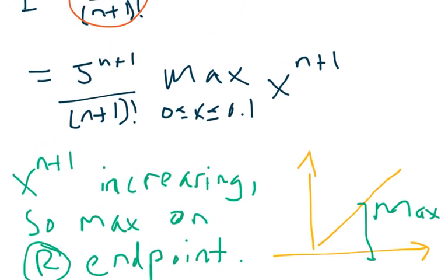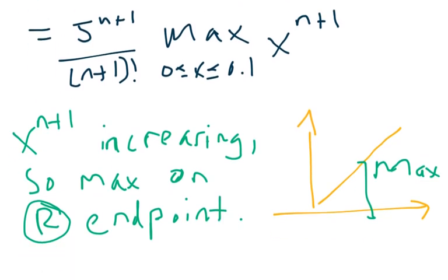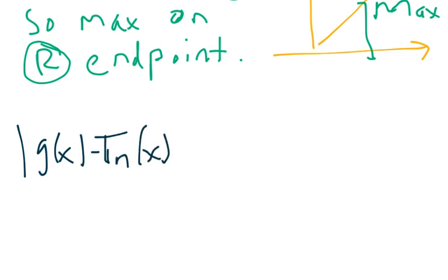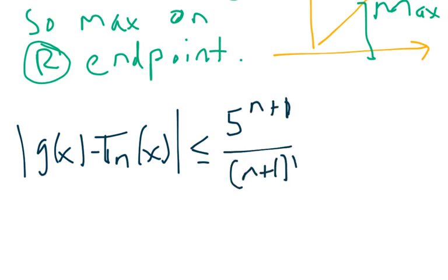Now the largest x value here is 0.1 or 1/10. So I'm just going to go ahead and write that in. We have g of x minus Tn of x. Well, we had 5 to the n plus 1 over n plus 1 factorial, and now I have 1/10 to the n plus 1.